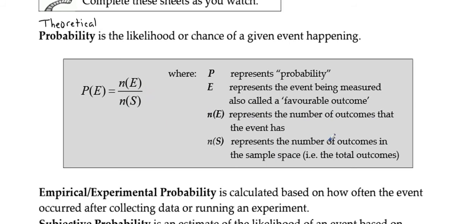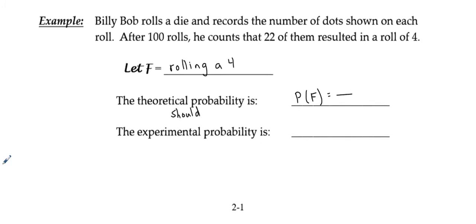So there are 6 total outcomes in rolling a die. And on the top, the number of outcomes that the event has, so that's the number of favorable outcomes. So there are 6 total outcomes, and one of them is favorable. 1, 2, 3, 4, 5, 6, and only one of them is a 4.